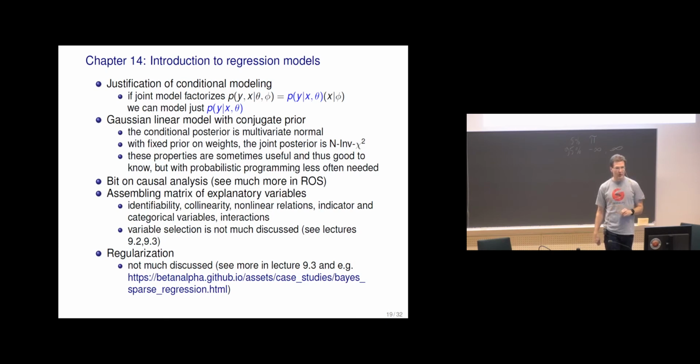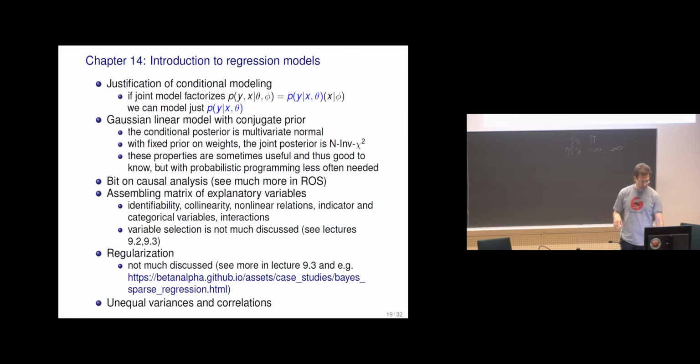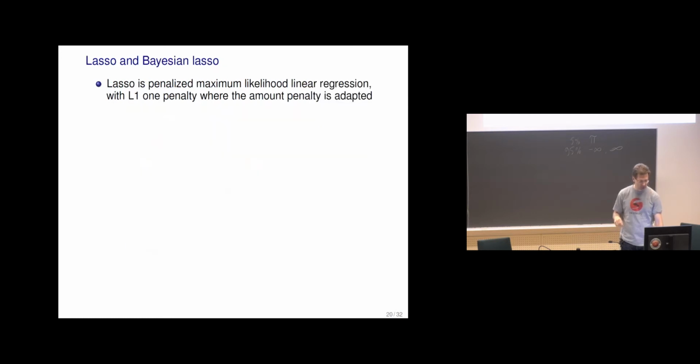Again, see lecture 9.3, and there's also a case study that is good about the connections. Someone asked specifically about Lasso, and I will say about that soon here. There were also in chapter 14 unequal variances and correlations, and these are now easy to include with probabilistic programming.